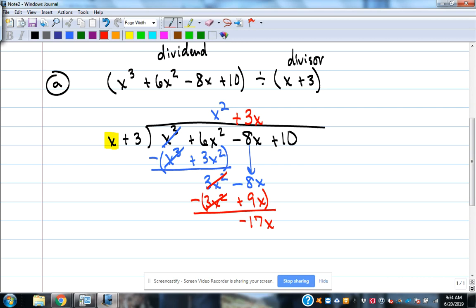All right, the next step is to pull down the next term. So plus 10 comes down. Can we multiply something times x and get negative 17x?